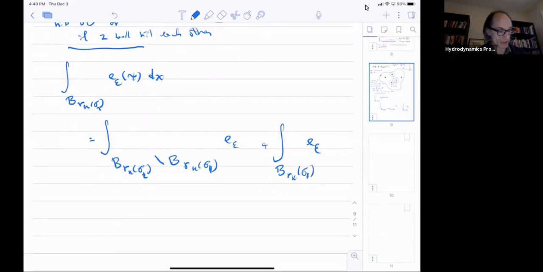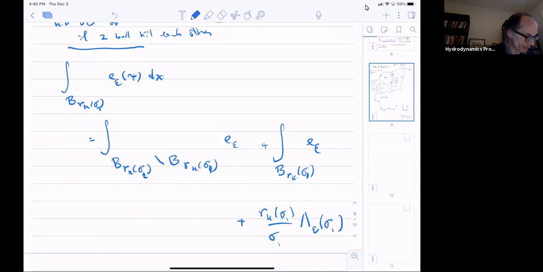Okay, so by induction, if you like, this is bigger than Rk of sigma 1 over sigma 1 times lambda of sigma 1. And here, by the previous lemma, this is where this capital lambda appears.